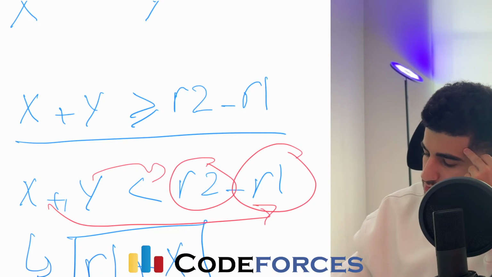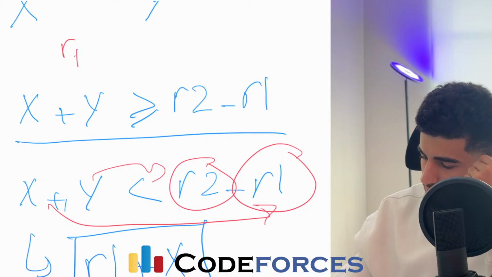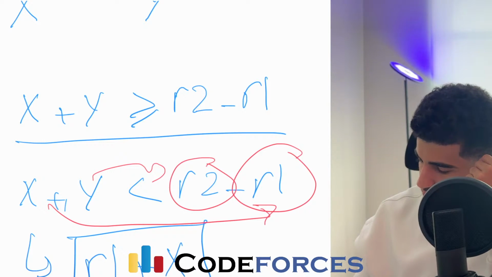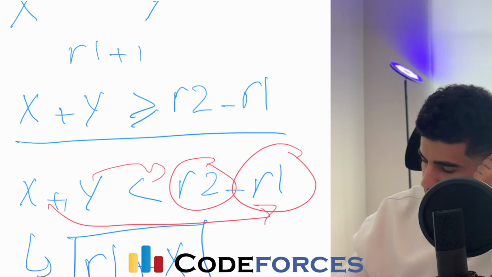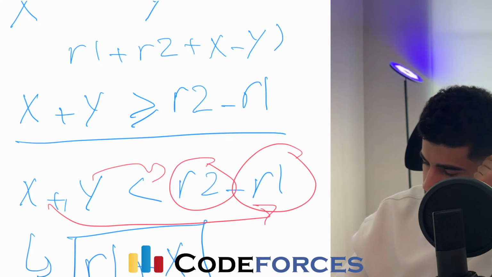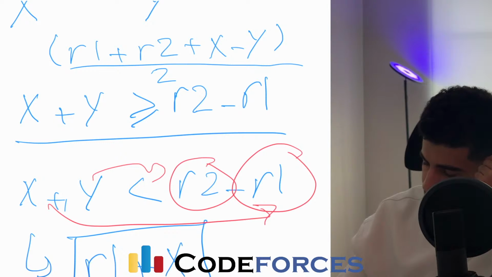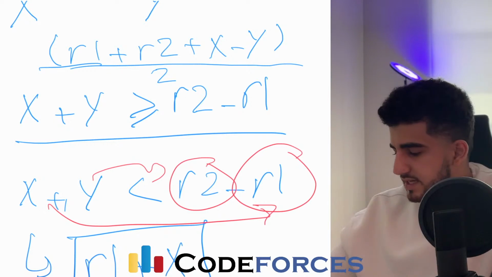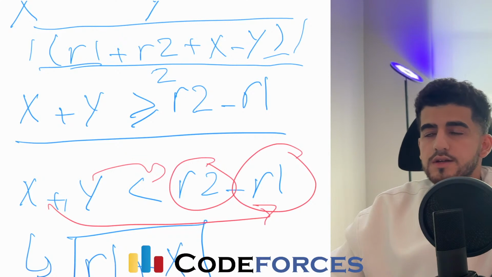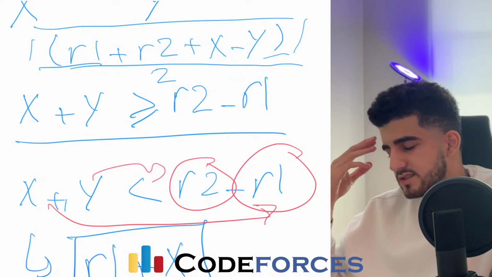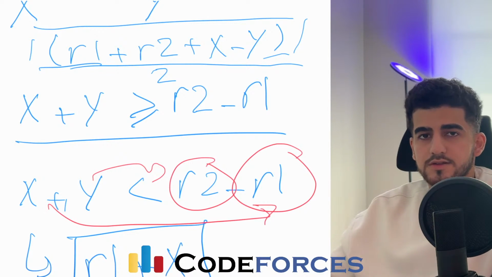So the answer is going to be the floor of (R1 plus R2 plus X minus Y) divided by 2, because the sum of the two ratings will be this at the end, and I should calculate the floor of this value divided by 2. So yes, this is an O of 1 solution, but in the contest I didn't want to spend time thinking about finding this.